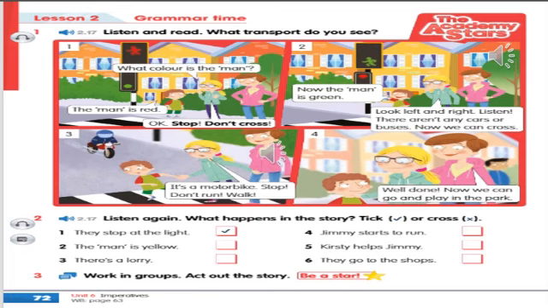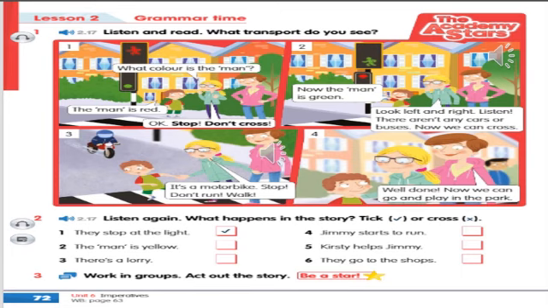If it's correct, you have to write tick. If it's not, you have to write cross. Number 5. Kirsty helps Jimmy. Can you see Kirsty?